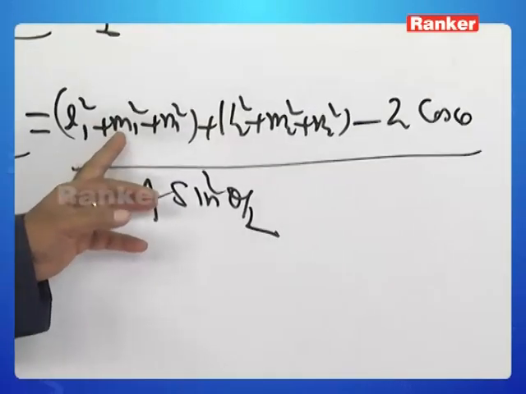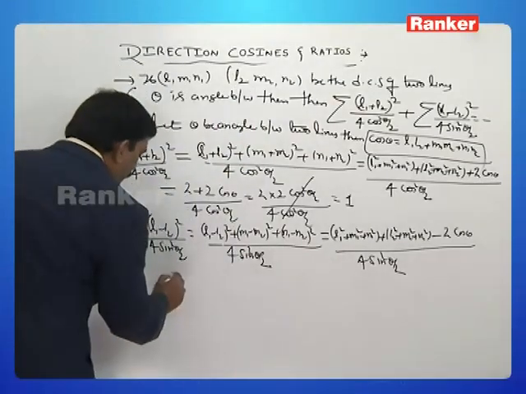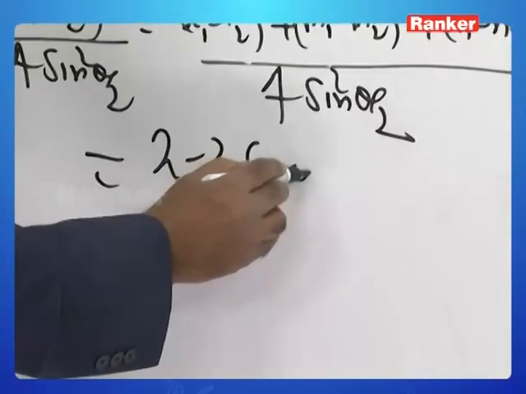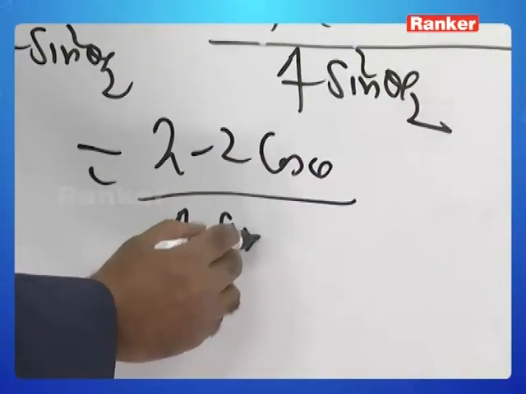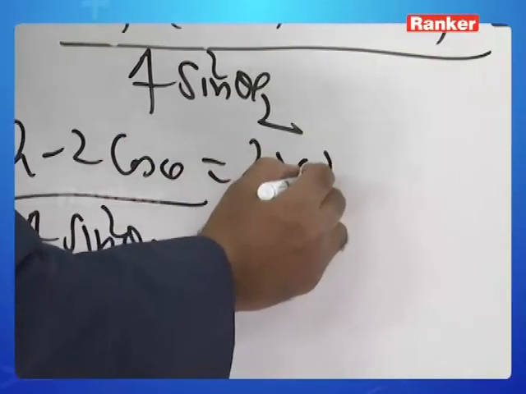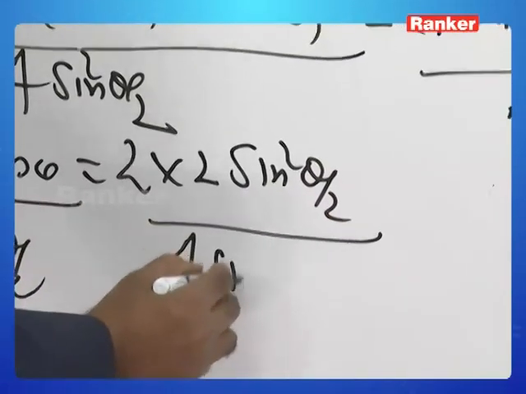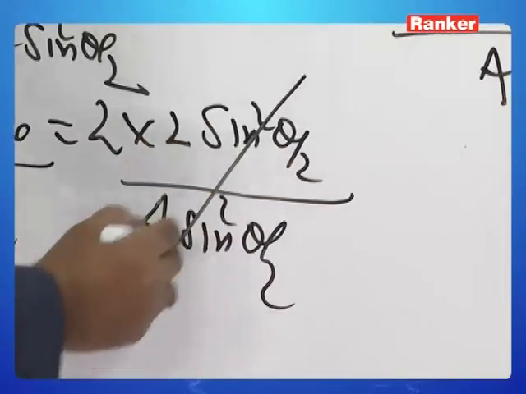But according to direction cosines, this is 1, this is 1. So therefore, I can write this as (2 minus 2 cos theta) by 4 sine square theta by 2, which is 2 into (1 minus cos theta), 2 into 2 sine square theta by 2, 4 sine square theta by 2. Correct?